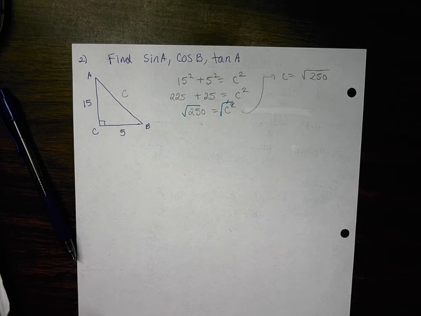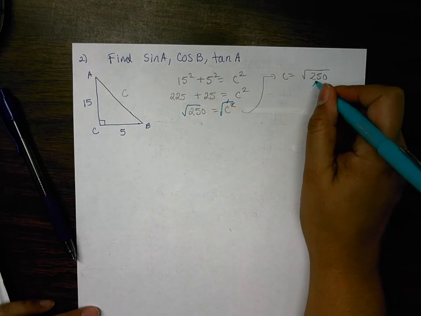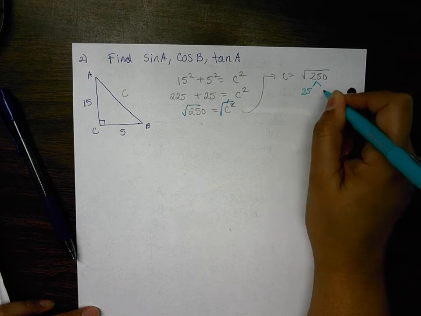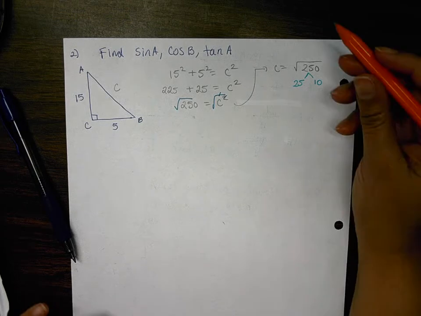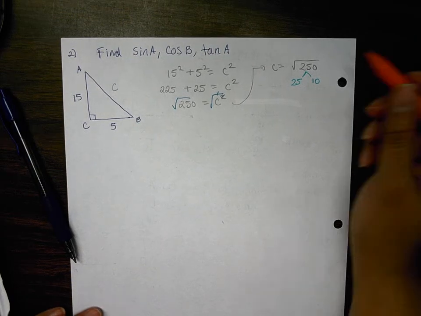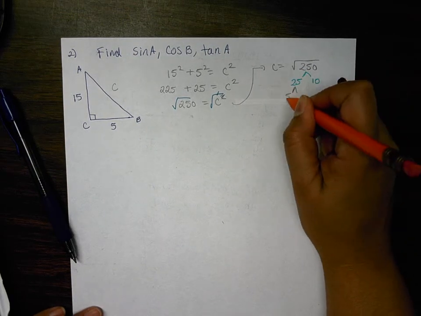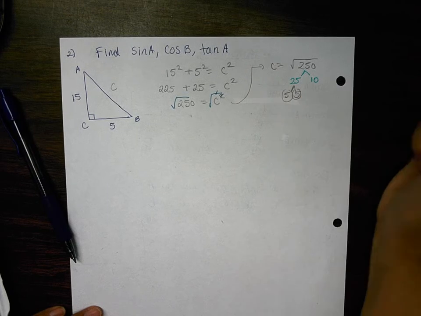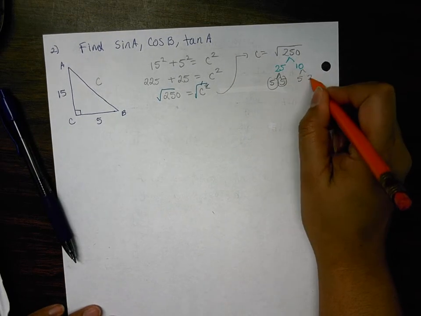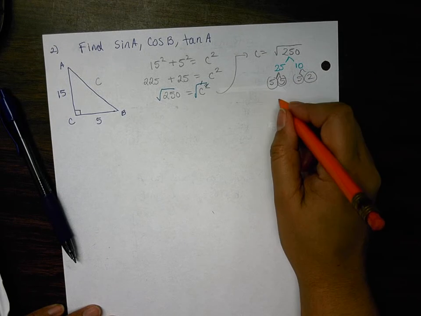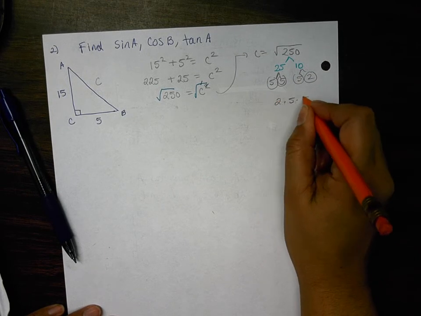Now there's a variety of numbers you can use. I'm going to use 25 and 10. Why is 25 and 10 a good set to use? Because 25 is what? A perfect square. Do you guys agree? 10 is 5 and 2. So I have 2, 5, 5, 5.